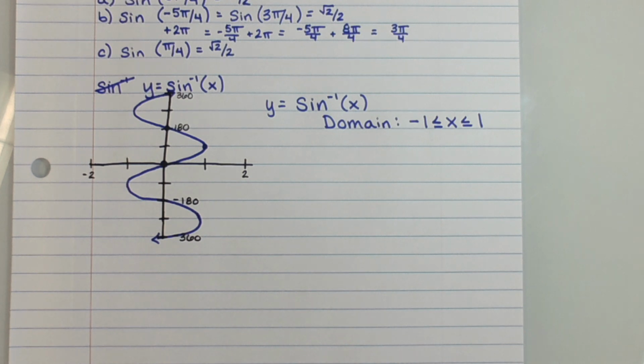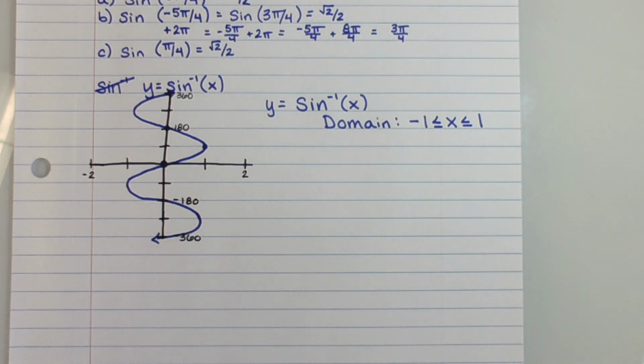And in order to get all values between -1 and 1 on the x-axis, and to have one continuous area where the graph exists, they chopped up this inverse sine function. That's what truncated means. It means to chop off.